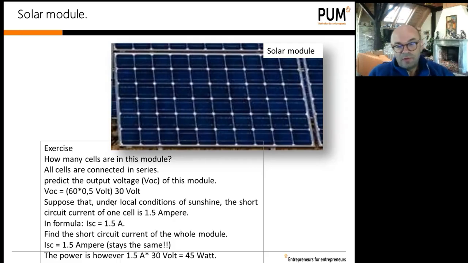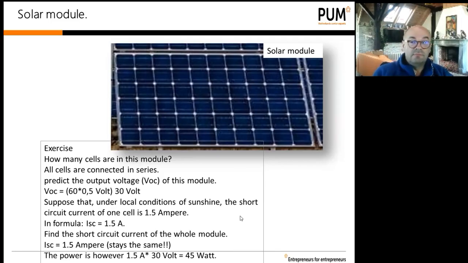So suppose that under local conditions, in the place where the system is built, the local conditions of sunshine, the short circuit current of one cell is 1.5 ampere. And then you have, of course, 1.5 ampere times 30 volts.